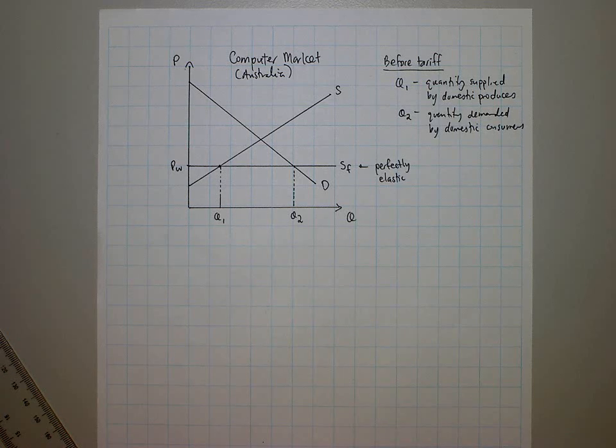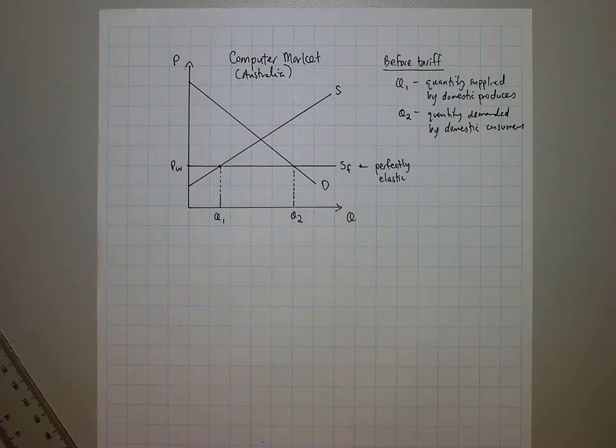So remember, a tariff increases the price of imports. Okay, so that should help you kind of guess which way the world price should move. So should the world price move up or down as a result of the tariff? Up, yeah. So it just becomes more expensive for domestic consumers to purchase that import.